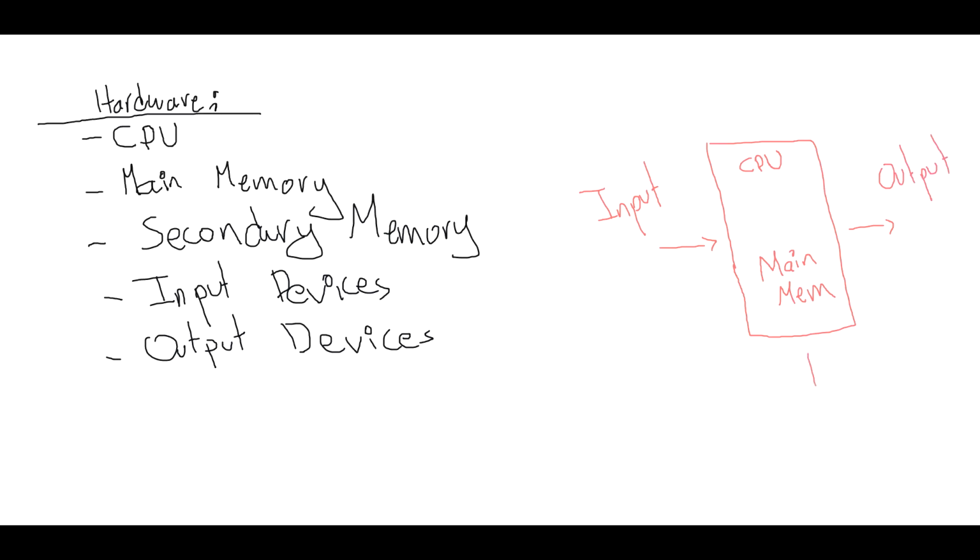And this piece here, which is the computer, also interacts with the secondary memory. So input devices will input information to the computer, and then the computer will do some process, some task, and will produce an output. The computer, while processing, might need to access a secondary memory.